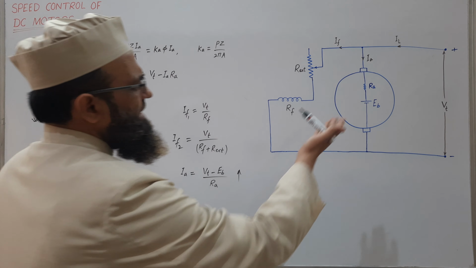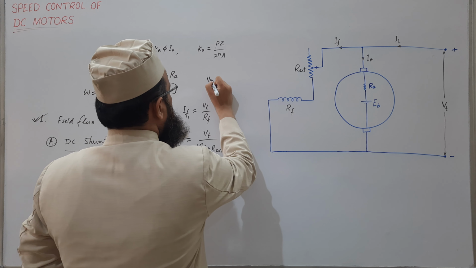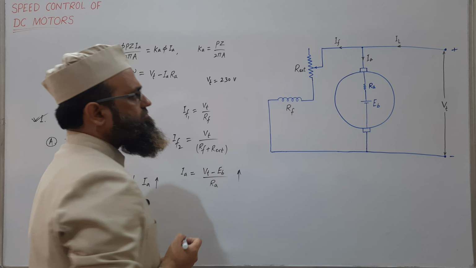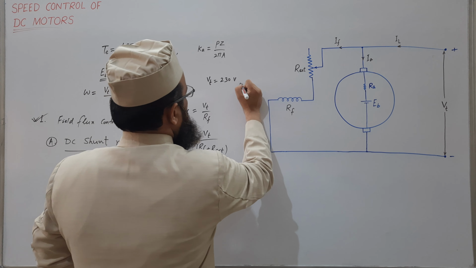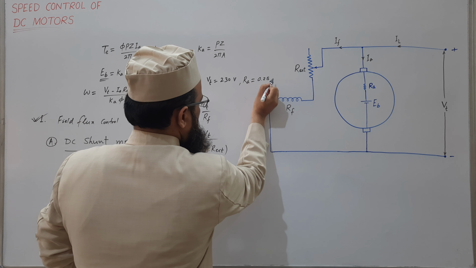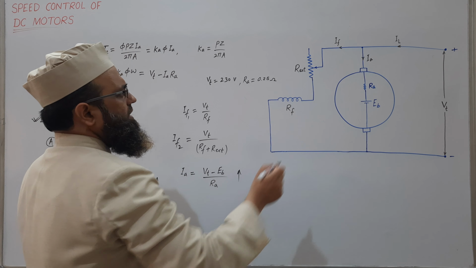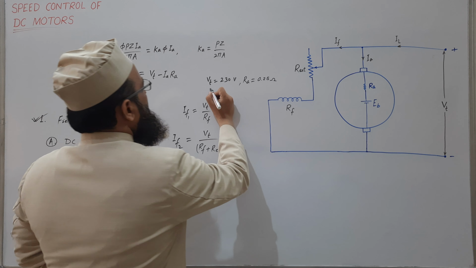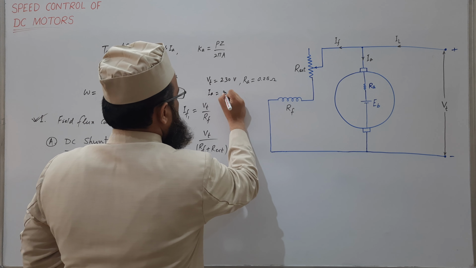Let us assume a certain value of Vt. Let us take Vt equal to 230 volt. Let us take some value of Ra, let us take 0.25 ohm. And initially the motor was drawing an armature current, let us take 20 ampere.